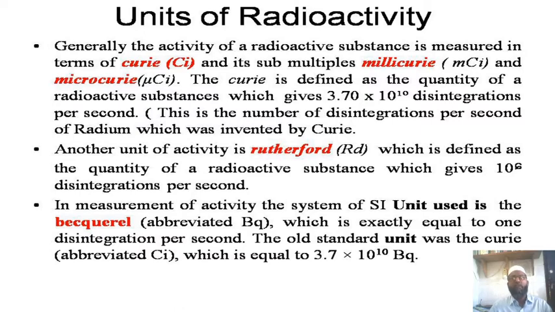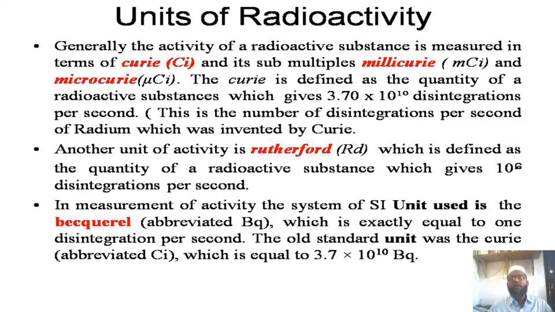Curie is a very familiar name. Of course, everyone is aware. Curie discovered radium, and radium's disintegrations are 3.7 × 10^10 disintegrations per second. That helps you understand the definition of Curie.